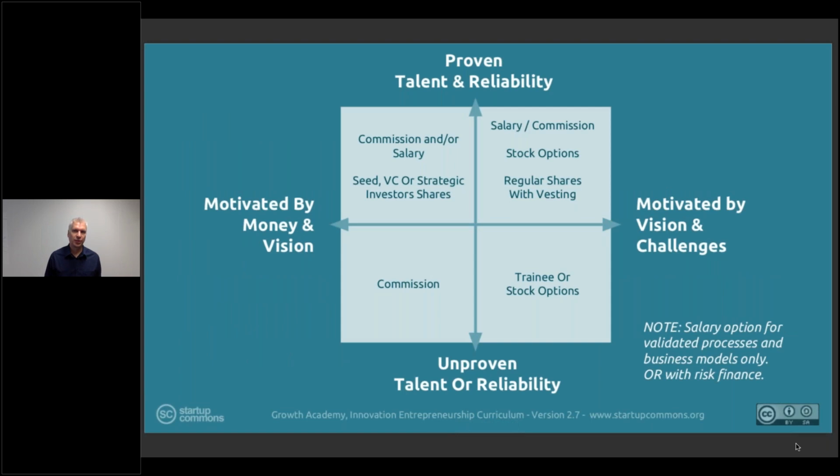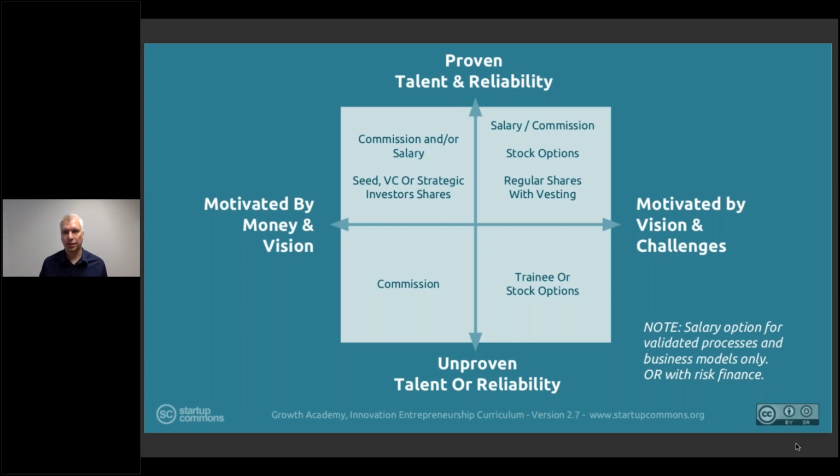So a perspective to look into is what type of compensation models should be used for different people and for different types of motivators. If the talent is known and proven and reliable, then you have less risk in that context of the person. Or if it's a totally unknown person, totally new, no experience, no reliability factors yet, you have one scale on this side.